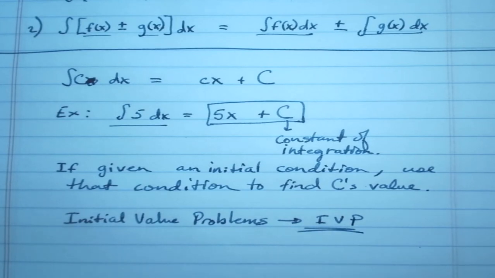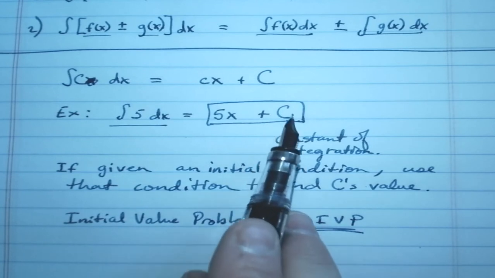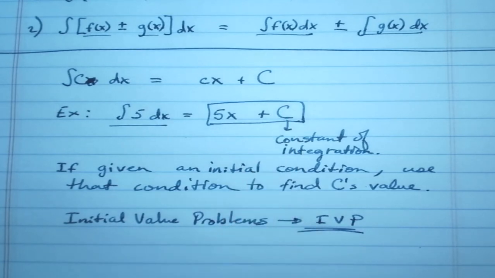Okay, and so if you hear that word, initial value problem or IVP, you know you can't have the letter C in your answer. Instead, you have to find the value of that C and give that to me. Okay, and we'll do some initial value problems. We'll do some problems that are not IVPs. Okay, and then we will go in and see what can we figure out.